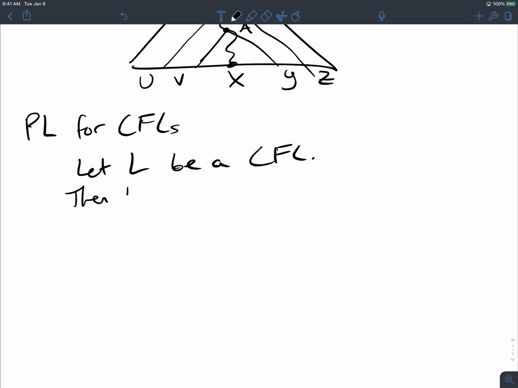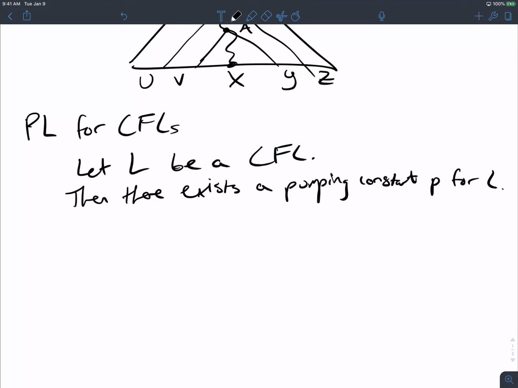Then there exists, as you might expect, a pumping constant p for L, just like before, such that for all strings w in the language with the length of w at least p, and then we'll get to the rest in a second.